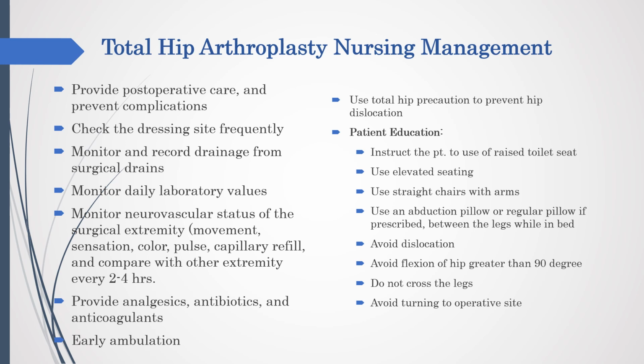It is usually replaced when the hip of the patient is severely damaged or fractured. Diseases that cause damage to the hip include osteoarthritis, rheumatoid arthritis, and also, as I said in the past, neck femoral fracture.